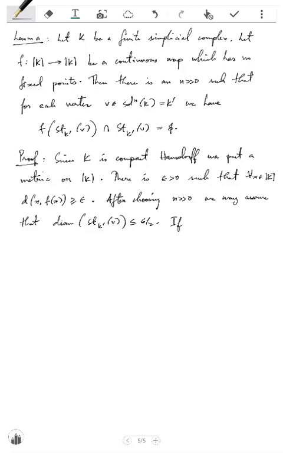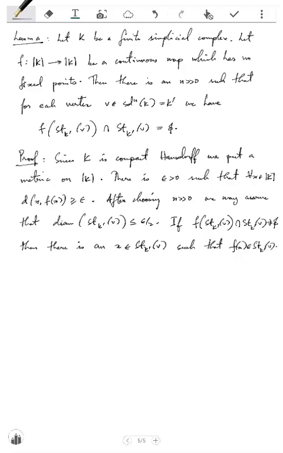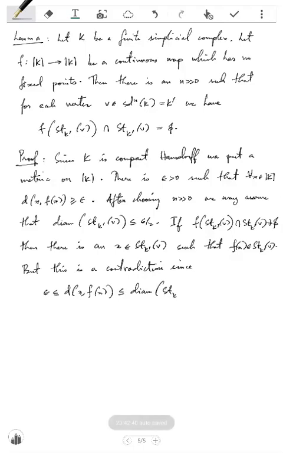If these two sets intersect, then there is an x in star K prime P such that f of x is also in star K prime P. But this is a contradiction. So this proves the lemma.